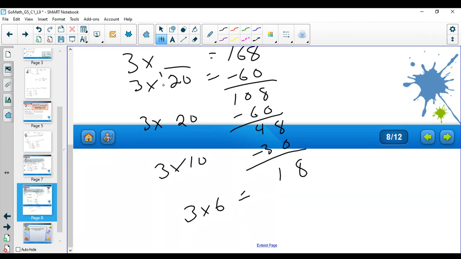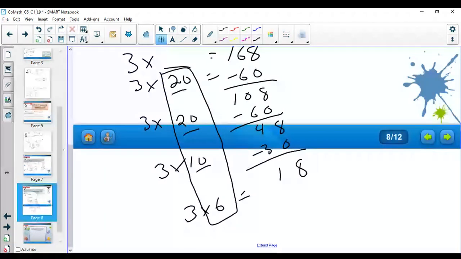Now, what I have to do, right, is I have to put all of these numbers back together because I multiplied by 20 once and twice, and I multiplied by 10, and then I multiplied by 6. And maybe you multiplied by 10 over and over and over again, or maybe you saw right away that 3 times 50 would equal 150, and you started there. Either way, we should all get to the same answer.